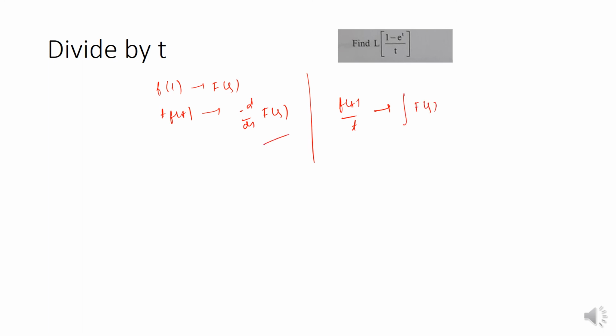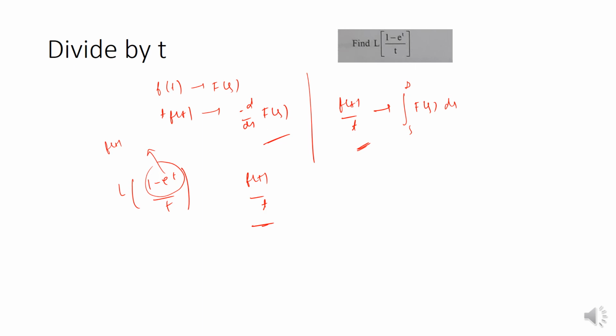Here we are differentiating; when you multiply you differentiate, and when you divide you do the integral s to infinity. Now given this, I have to find the Laplace transform of 1 minus e power t by t. So this is in the form of f of t by t.